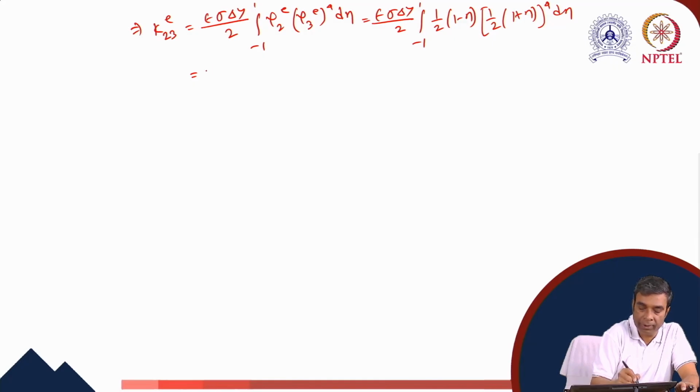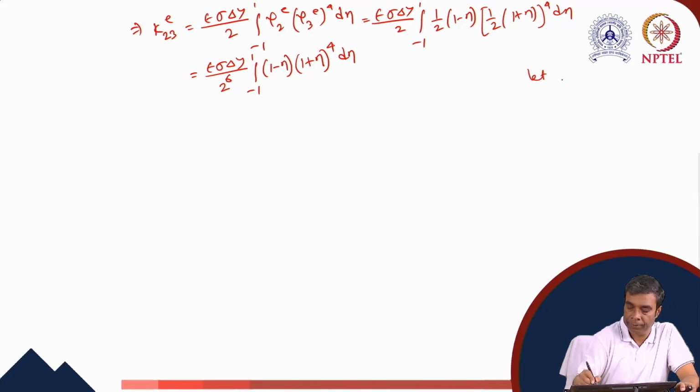This gives us epsilon sigma delta y divided by 2 to the power 6 integration from -1 to 1 1 minus eta into 1 plus eta to the power 4 d eta. Let 1 plus eta equals to p.